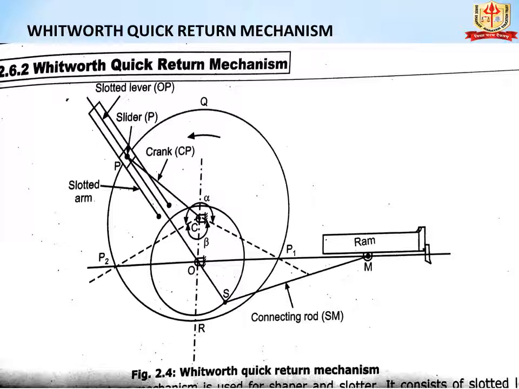For the return stroke, the crank rotates from point P2 to point P1 through angle beta, shown by arc P2 R P1. Then the ratio of time of cutting stroke to the time of return stroke is arc P1 Q P2 divided by arc P2 R P1, which is equal to alpha divided by 360 degrees minus alpha.